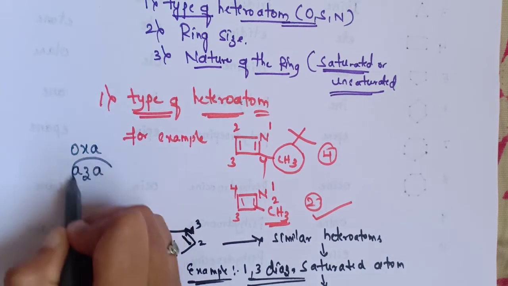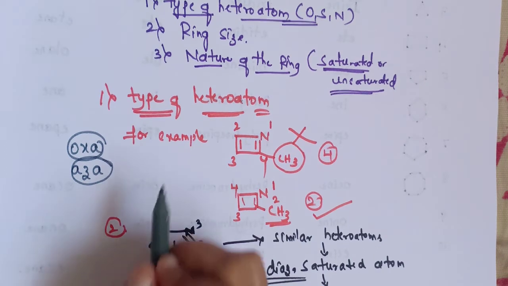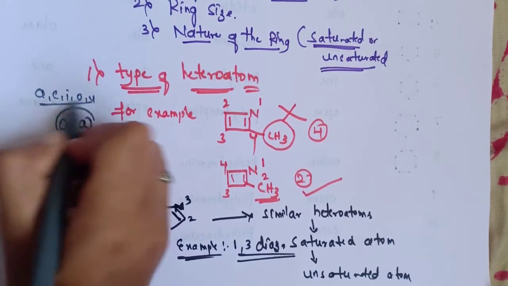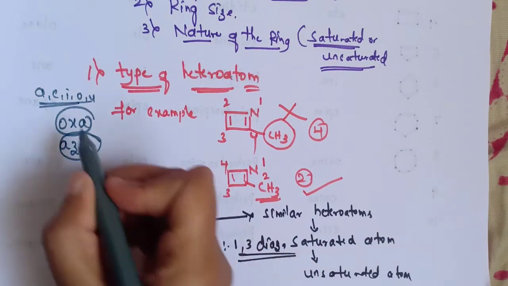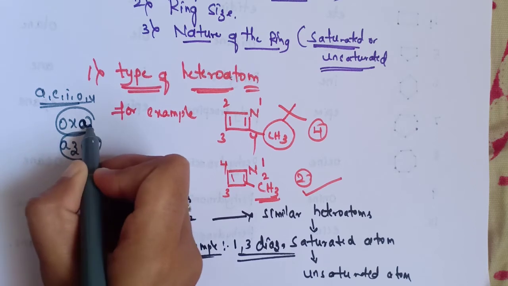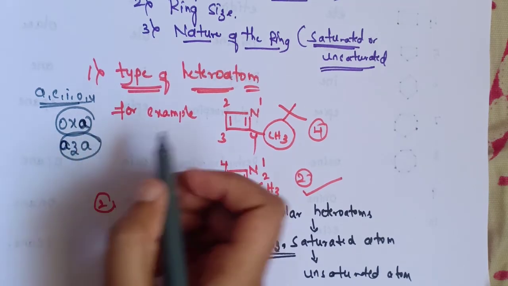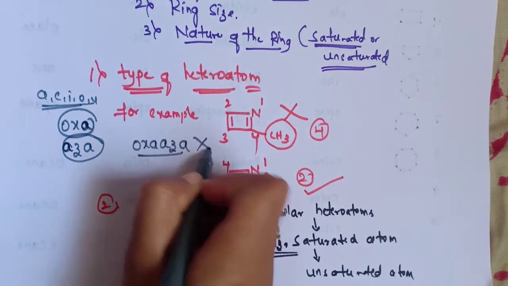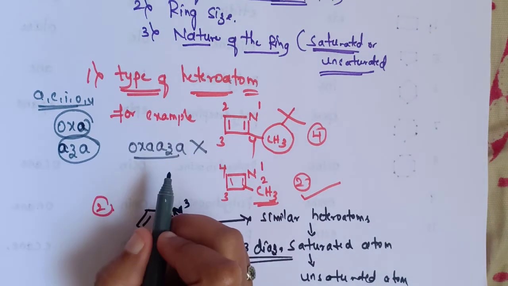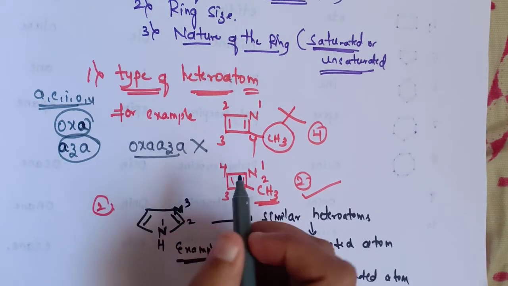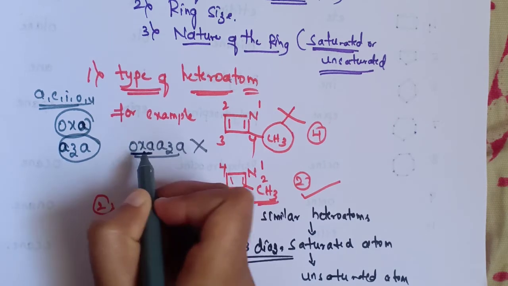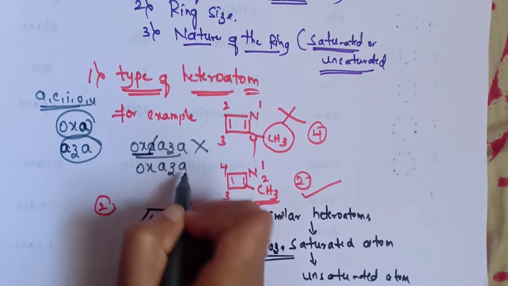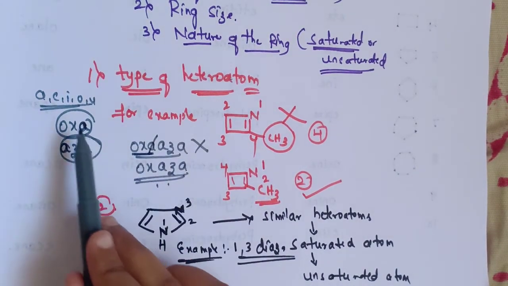aza. Okay, for writing this nomenclature together, we know that A, E, I, O, U are the vowels. At the end here is a vowel, that is A, and at the start of the next part is also a vowel, A. So oxa-aza is totally wrong. We should remove the vowel of this first part. The first part is oxa, so remove the last A. Once again I will explain.